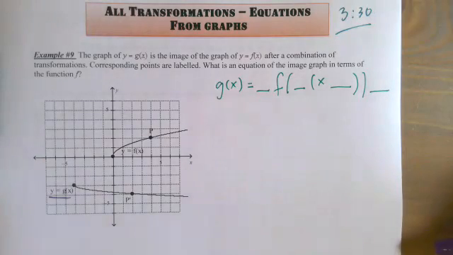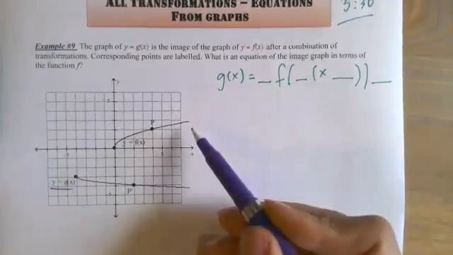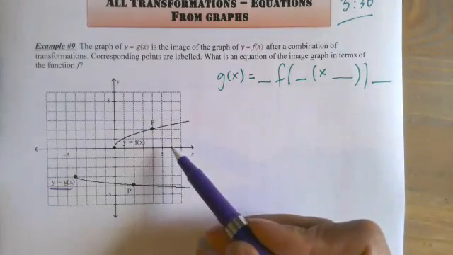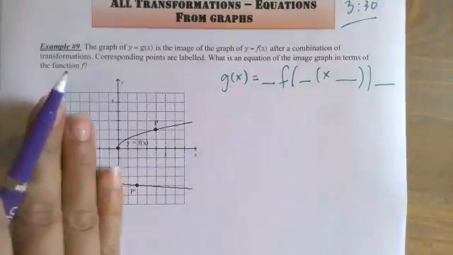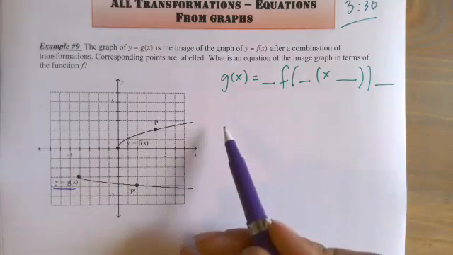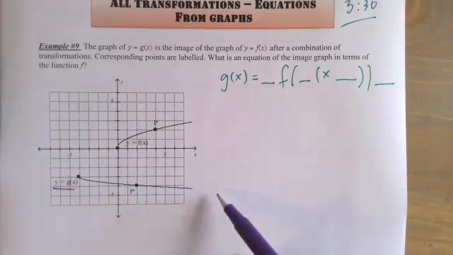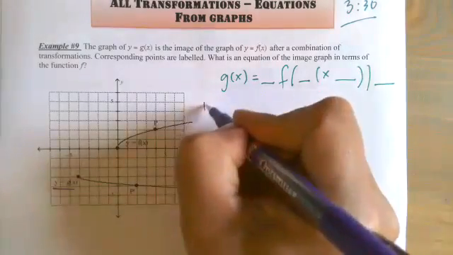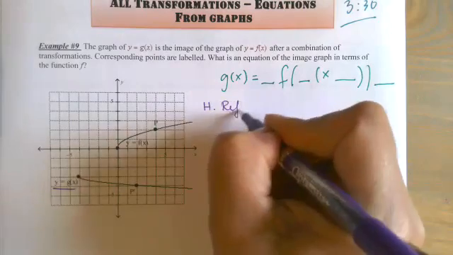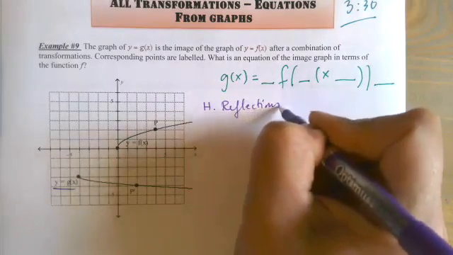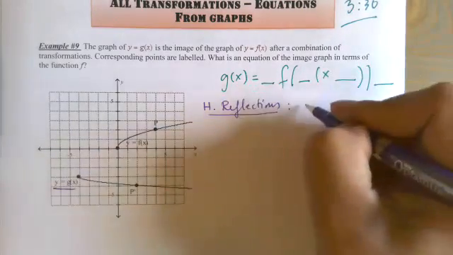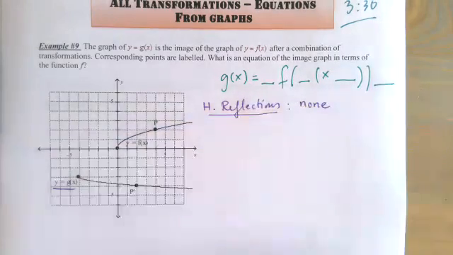For the reflection, if I look at this graph, immediately I can see that in the horizontal direction my graph has the same swoosh. Here I swoosh to the right, here I still swoosh to the right. So for horizontal reflections, I can conclude there are none, right?